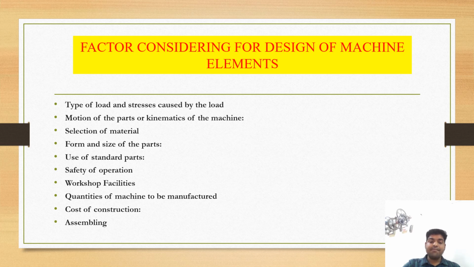For easy assembling, the engineer must anticipate the exact location and the local facilities for erection, so that maintenance can be done easily at any moment of time. So these are the basic factors which a designer should refer to in designing a machine element, for preventing failure or rupture of the machine element.